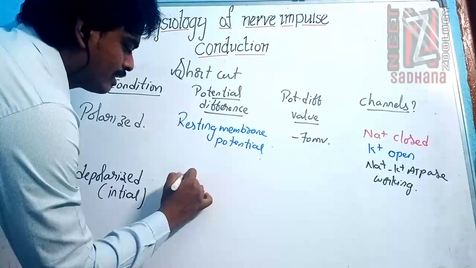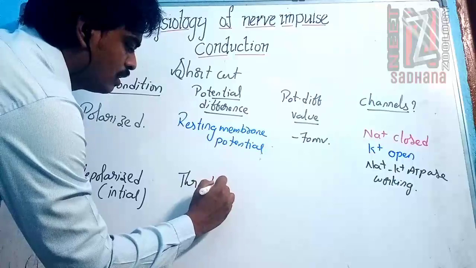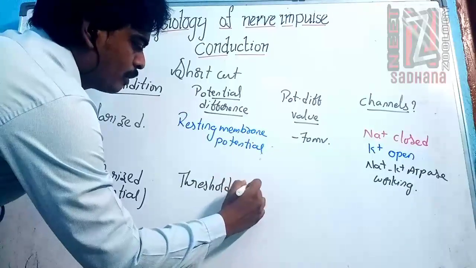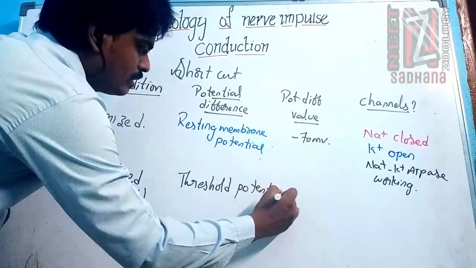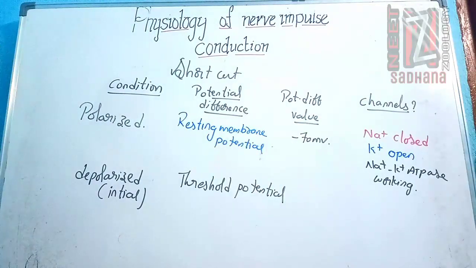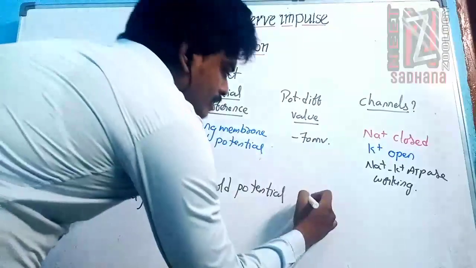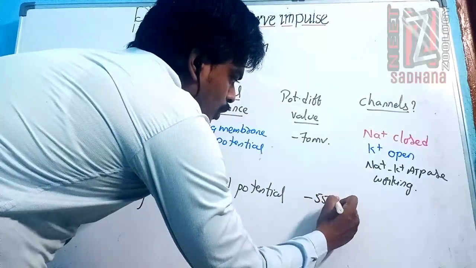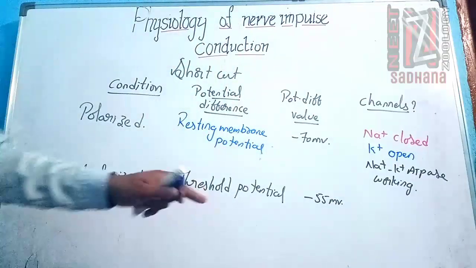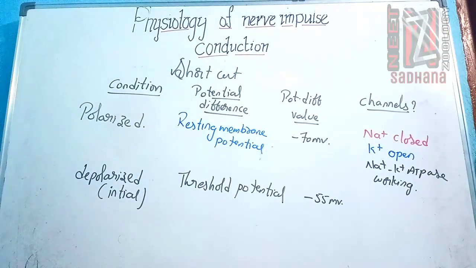That is called threshold potential, or we can say threshold stimulus. So how much is this threshold stimulus? This is around minus 55 millivolts.